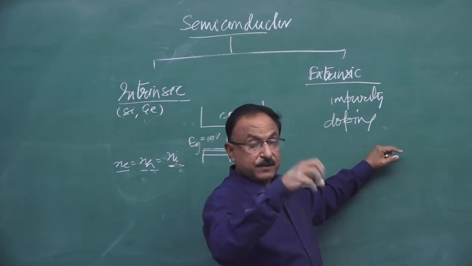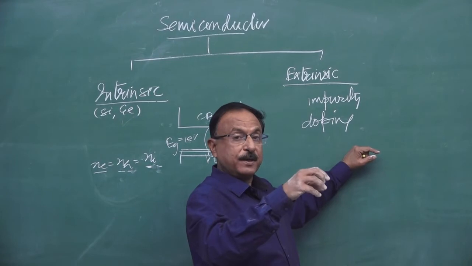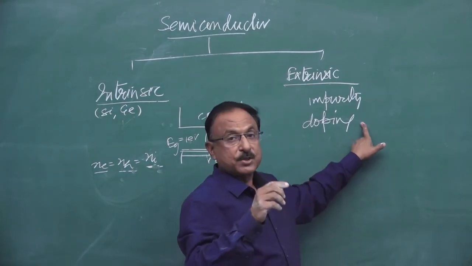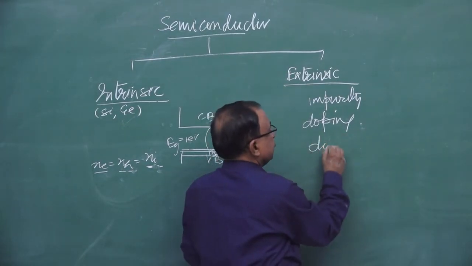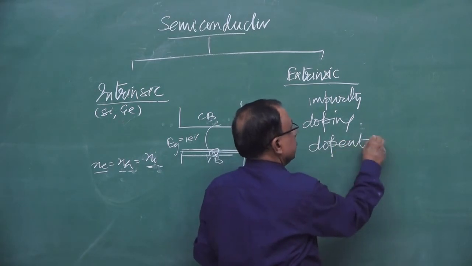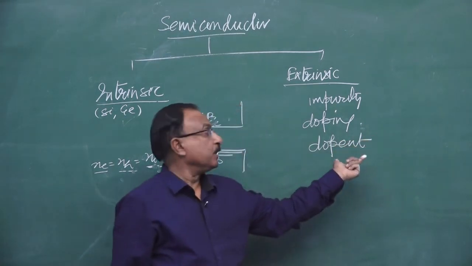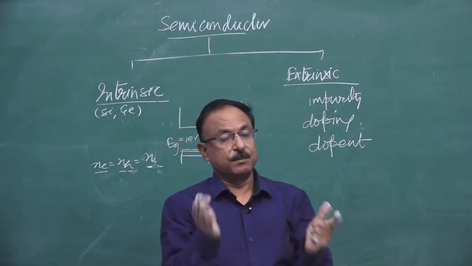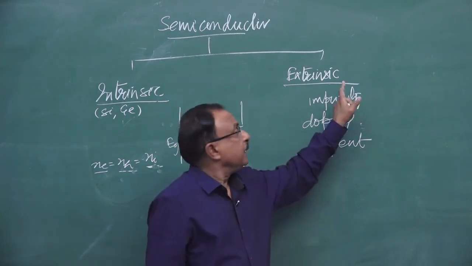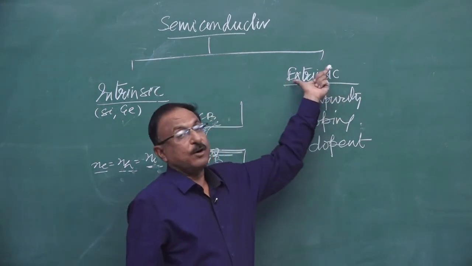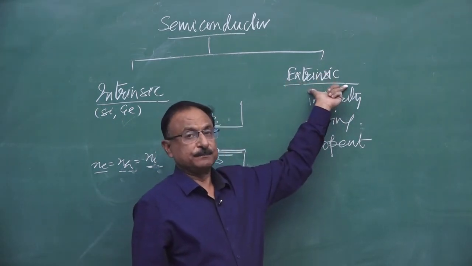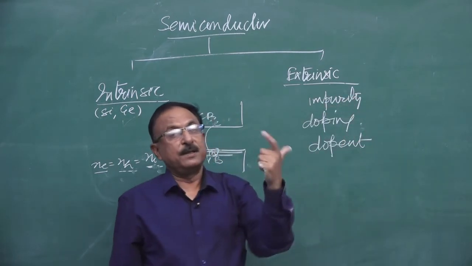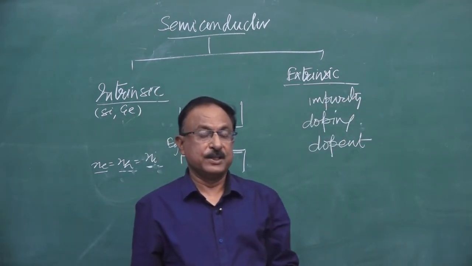The substance which is added to the semiconductor crystal using the process of doping we call a dopant, or sometimes we also call it the impurity, that is added into the crystal and changes the property of the semiconductor. Now, extrinsic semiconductors are of great importance for us, where their property, their conductivity, is modified.